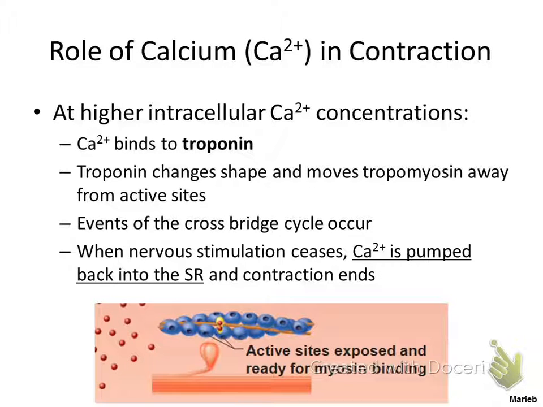So on the little drawing, if you drew your drawing along with me, you might want to add this to yours. So besides our calcium channels that open when the voltage-sensitive protein bumped into them, we also are going to have calcium pumps that require ATP to force calcium back into the sarcoplasmic reticulum to allow the muscle cell to relax.